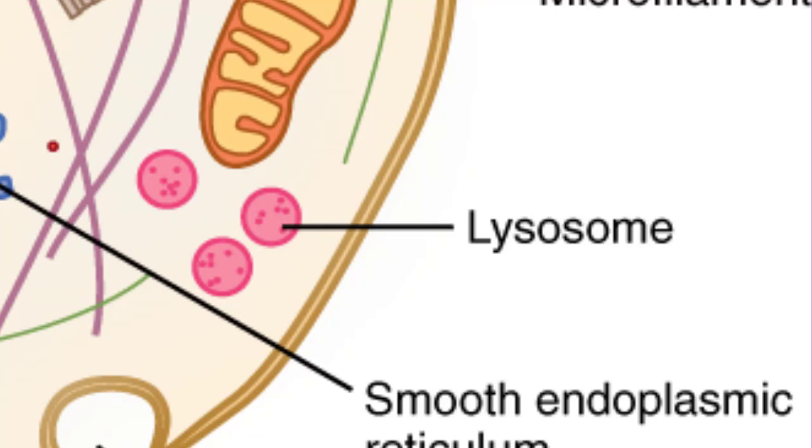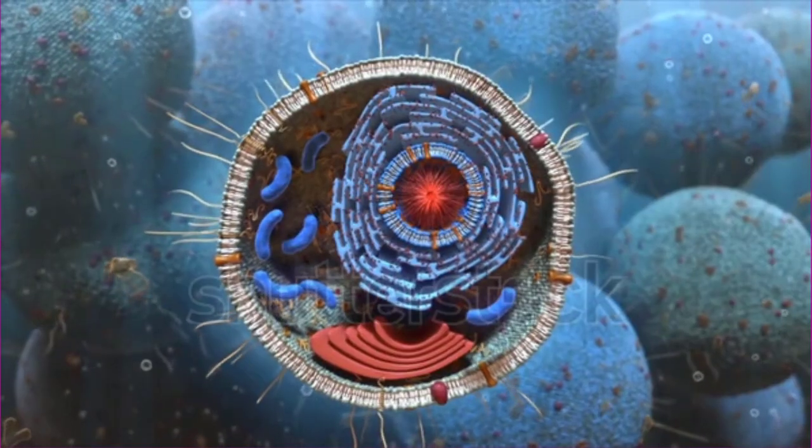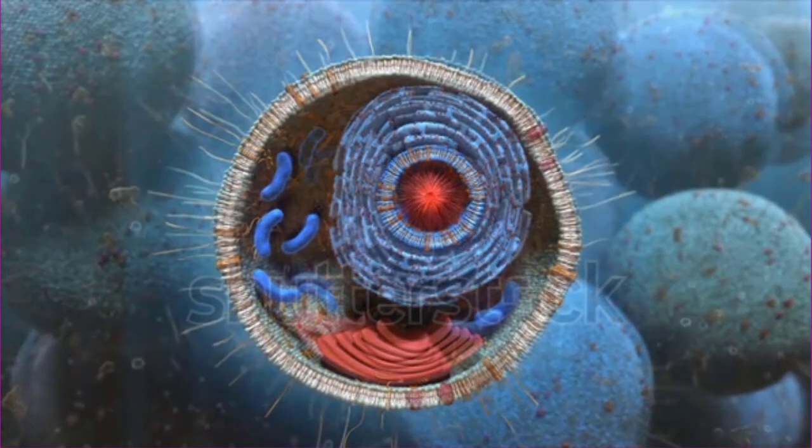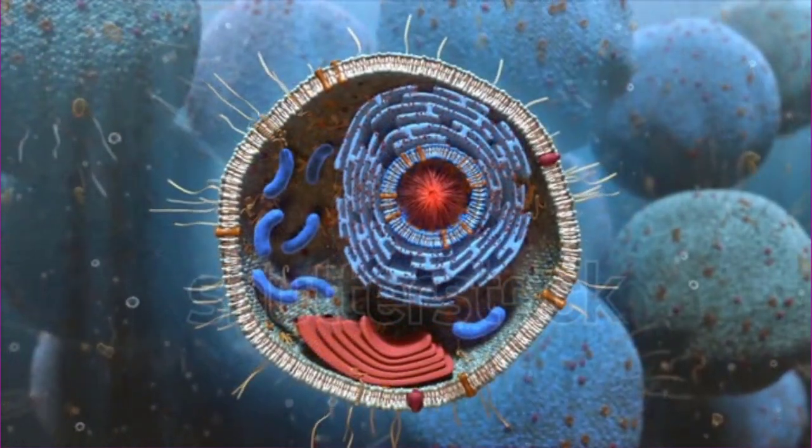This self-destruct mechanism is called autolysis and makes the process of cell death controlled, which is a mechanism called apoptosis.